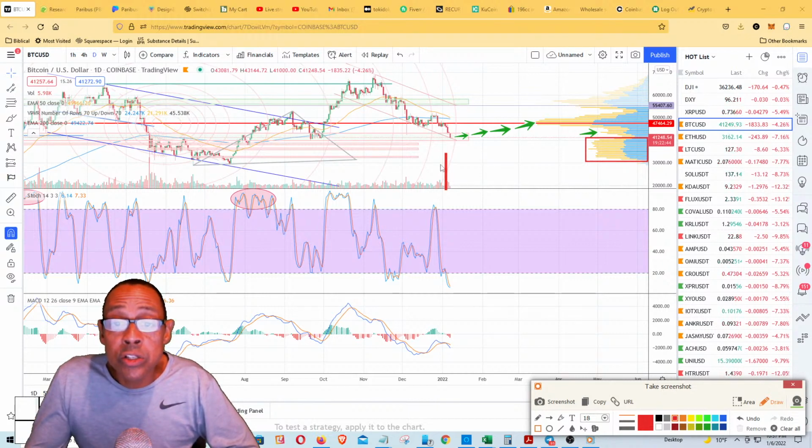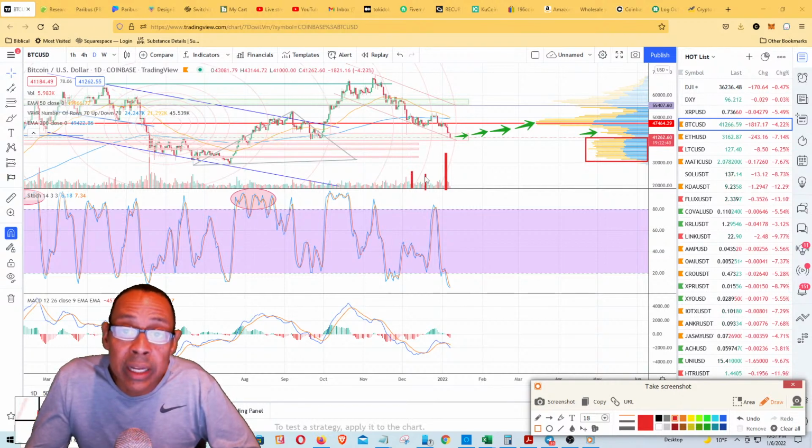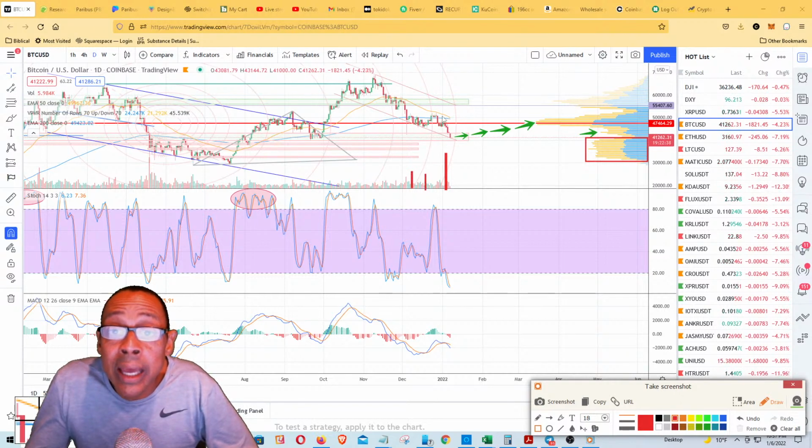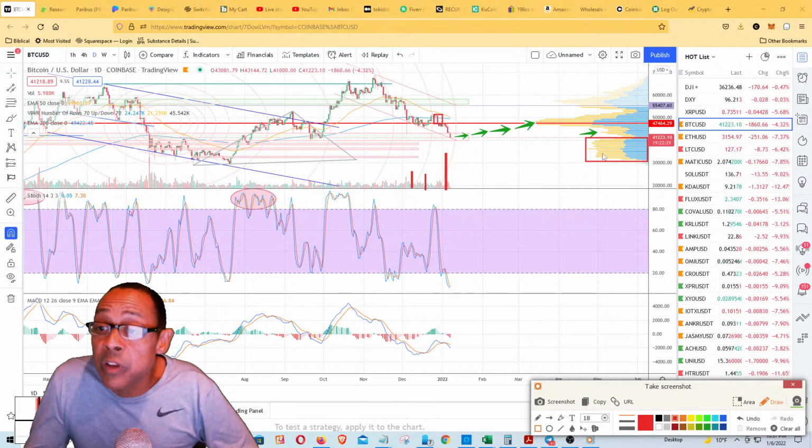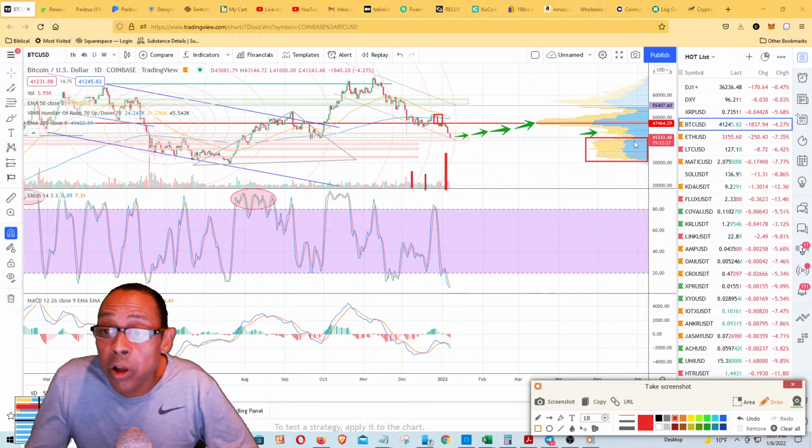Each one of these bars represents 1 day, because we're on the 1 day chart, where each candle represents 1 day of trading time. Then that candle closes and you move to the next one. The VPVR says this much volume happened at this particular price.